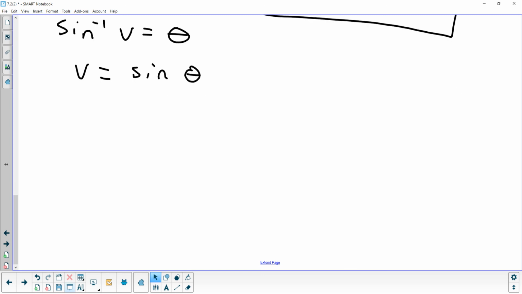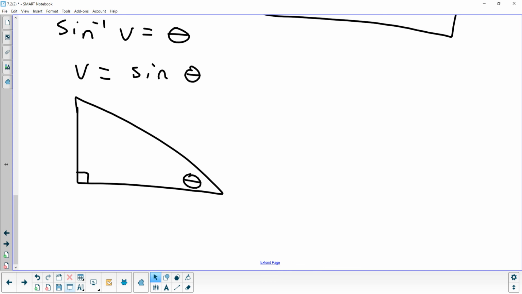All right, so now I want to draw a diagram. Put theta in it. And based on the equation that's right above it, what two sides do I need to label? Sophie? Opposite and hypotenuse. I need to label the opposite and the hypotenuse. And when I label them, the opposite divided by the hypotenuse has to come out to v.